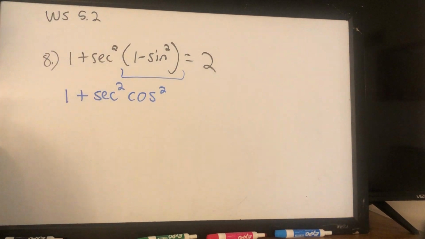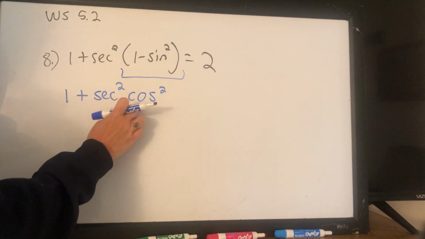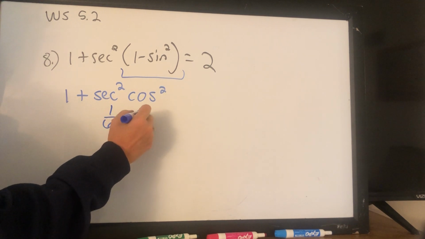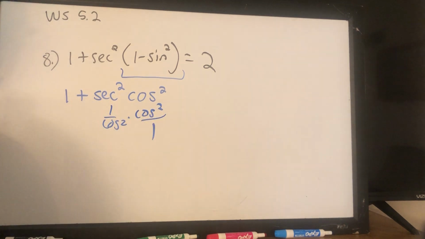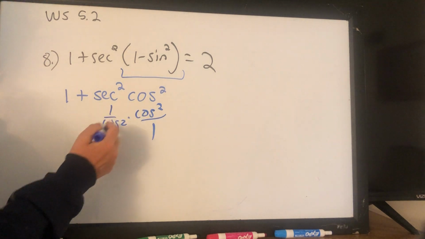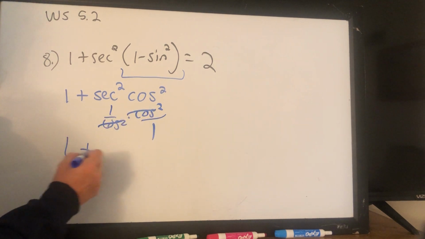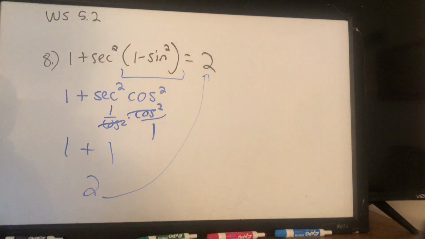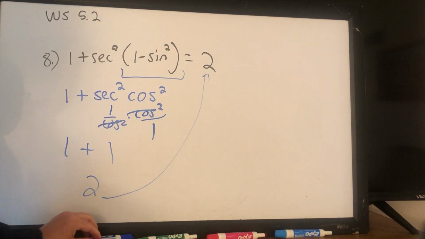And then right here, this is the same as 1 over cosine squared. Those can cancel. Again, that doesn't give you 0. It gives you 1. And what's 1 plus 1? 2.